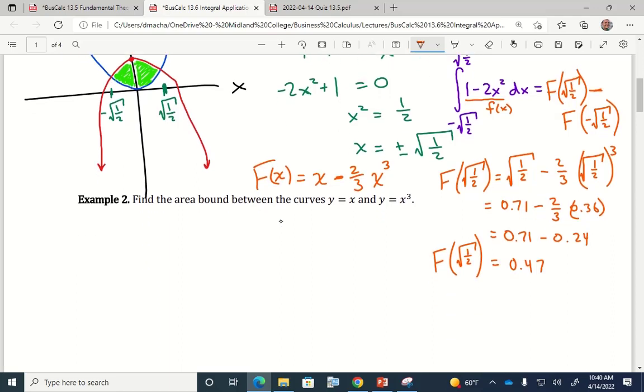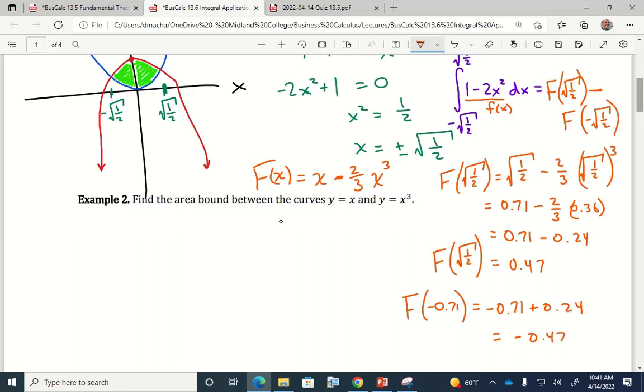What would be capital F evaluated at negative root half? Well, root half is 0.71, so negative 0.71 is what we're trying to plug in here. And that means I have negative 0.71, and that is going to be negative even after I cube it.